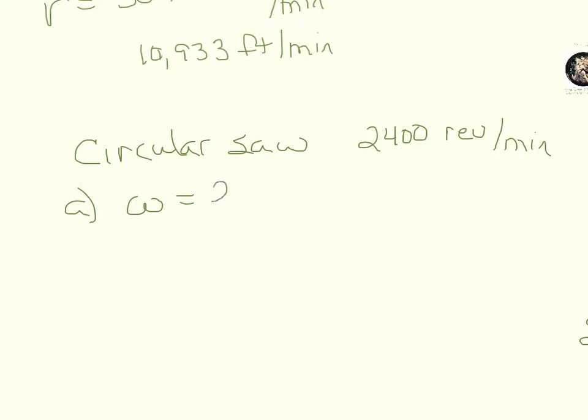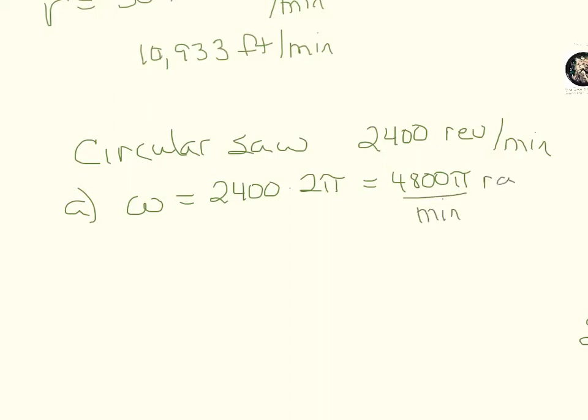So it's 2400 times 2 pi. What's the angular speed? 4,800 pi radians per minute.